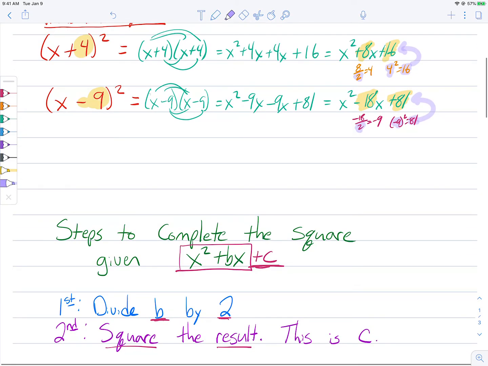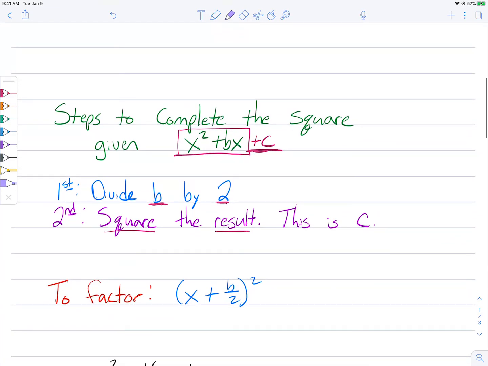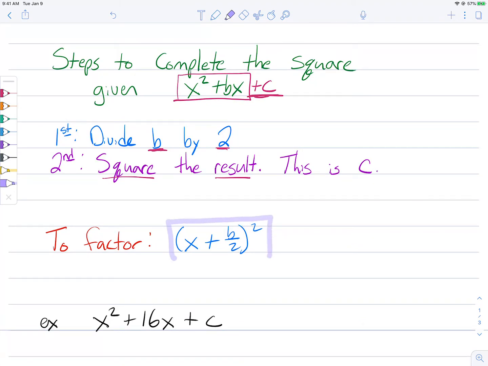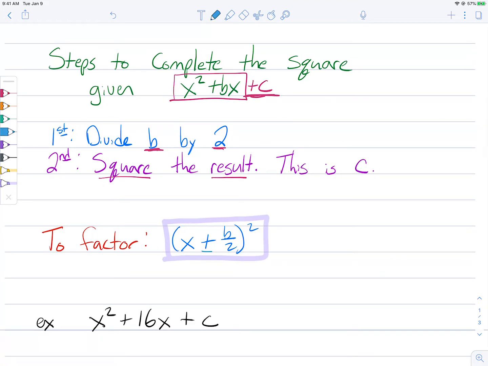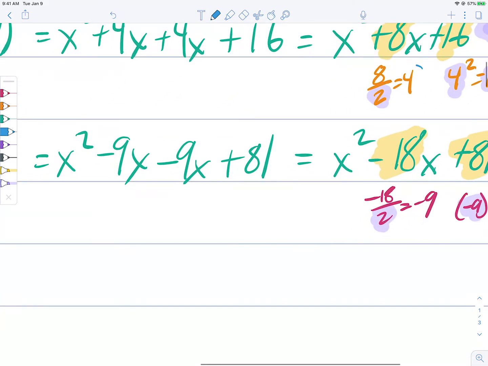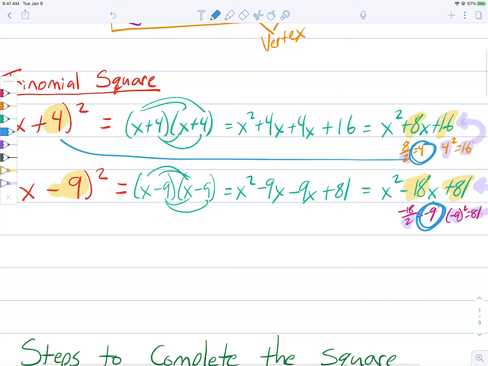So it is a pattern and we get to use that. The factored answer ends up being x plus or minus, depending on whether it's a plus or minus problem, whatever b over 2 was. Remember, when we divided by 2, this number came from the original problem.